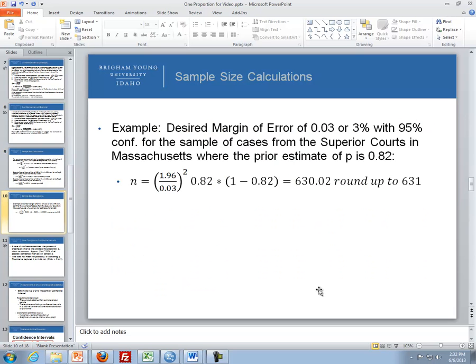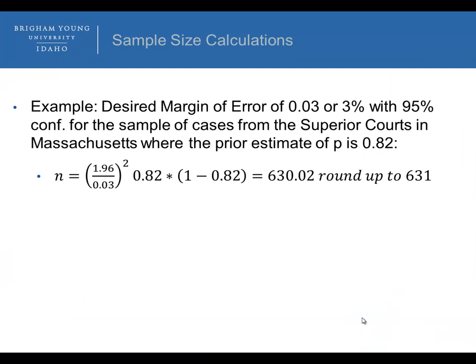So one more example, and then perhaps you will want to try this on your own to see if you can figure this out. The desired margin of error is 3% or 0.03, with a 95% confidence interval, for sample cases from the Superior Courts in Massachusetts, where the prior estimate of p is 0.82.